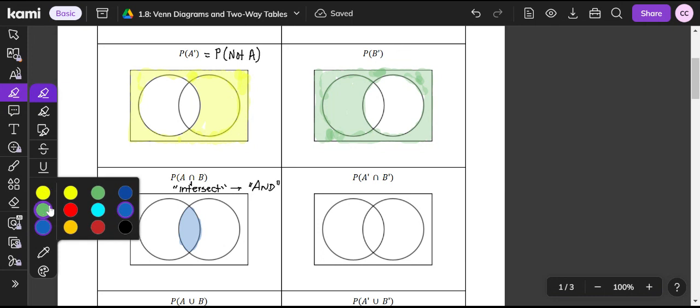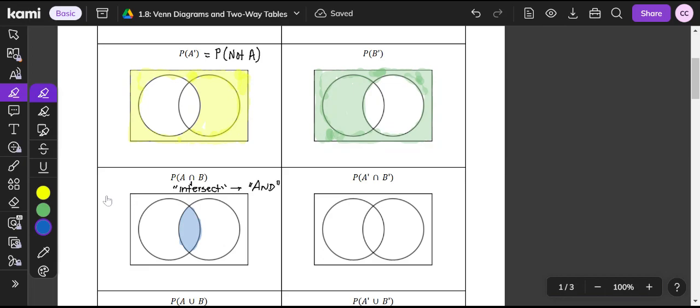So when I go to do that, I'm doing this circle and then all the surrounding area. So something like this. So it's everything but that middle section.